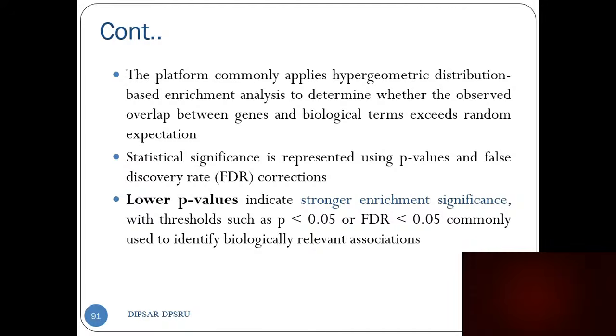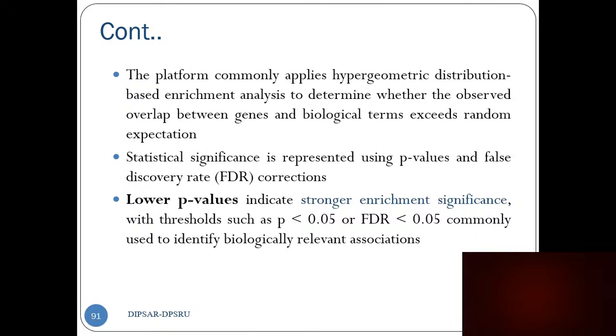So what I mean to say is, whatever databases I am showing you, read about them. Read about who has created it, where you are getting the data from, what its advantages are, what its limitations are, what the scoring methods are, what the cutoff values are, and what the cutoff value represents. In this case, the cutoff value is represented by the p value.